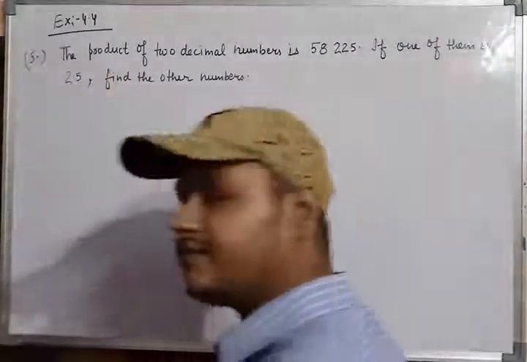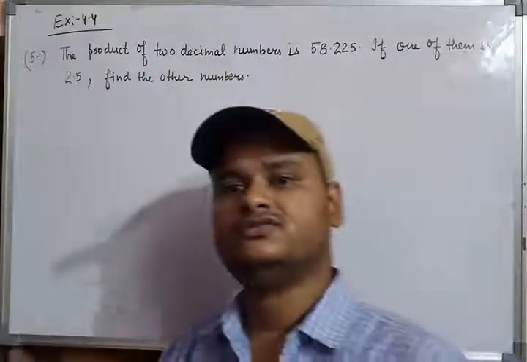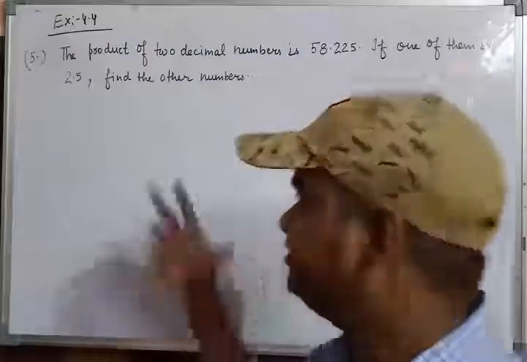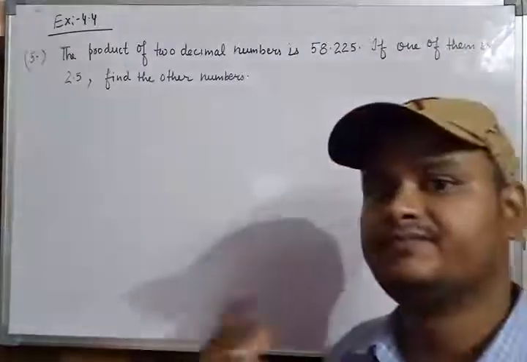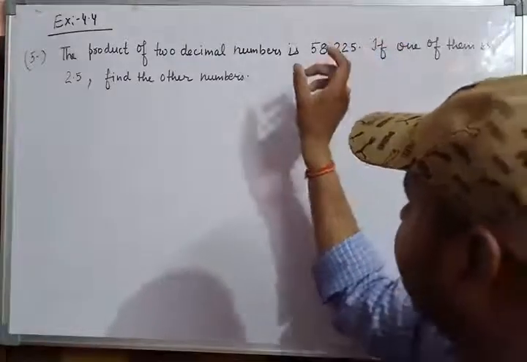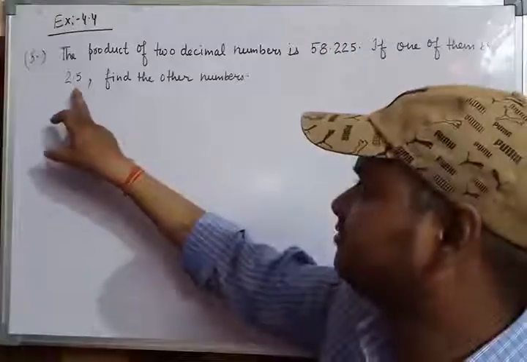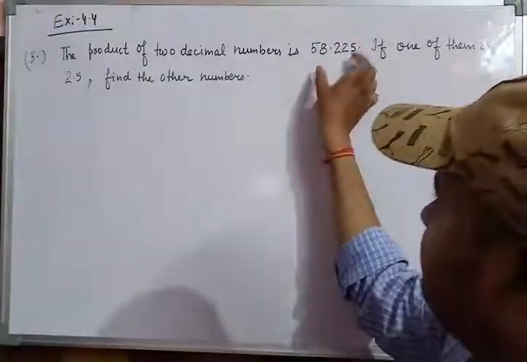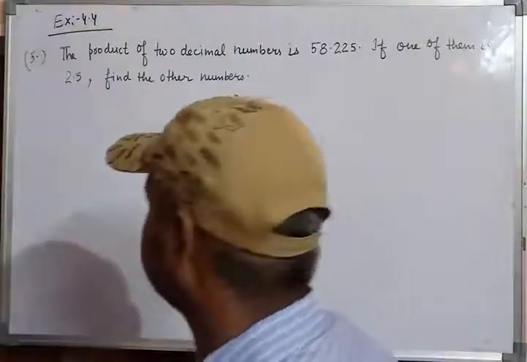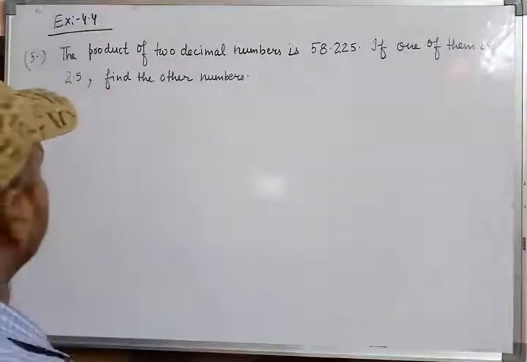So students, these types of questions are very easy. If this type of question is given, then you have to simply divide the product by the first number. Then you can get the second number. So apply this method.